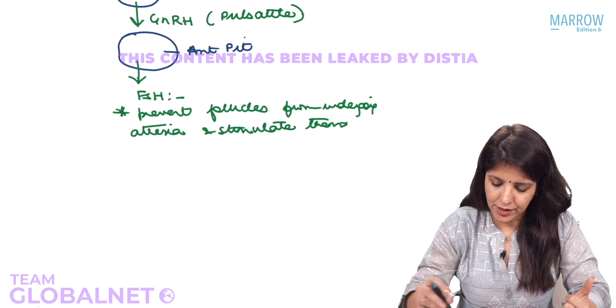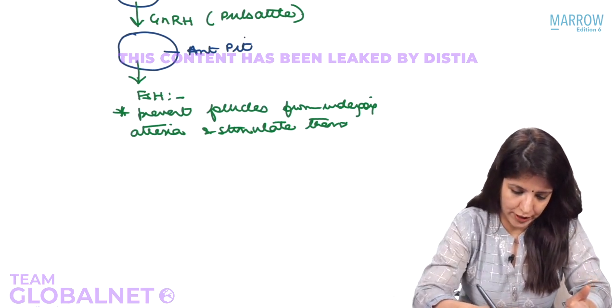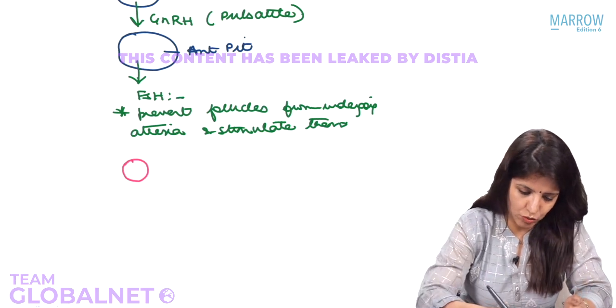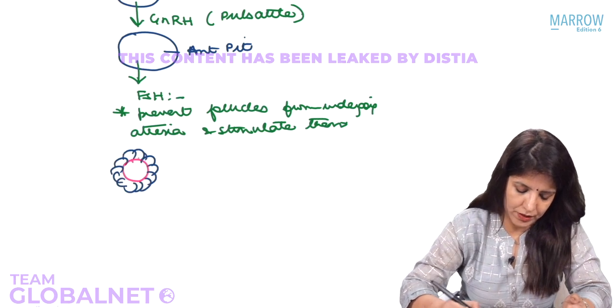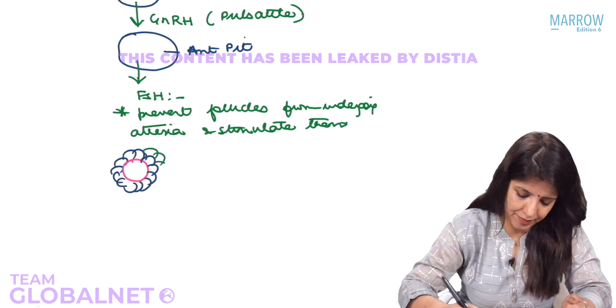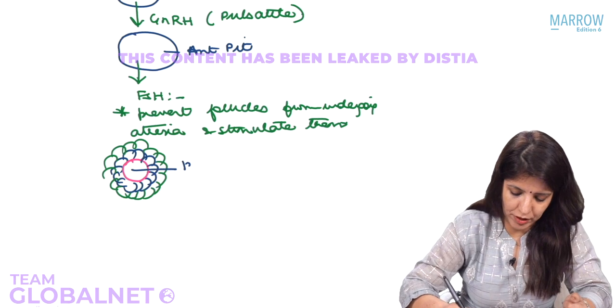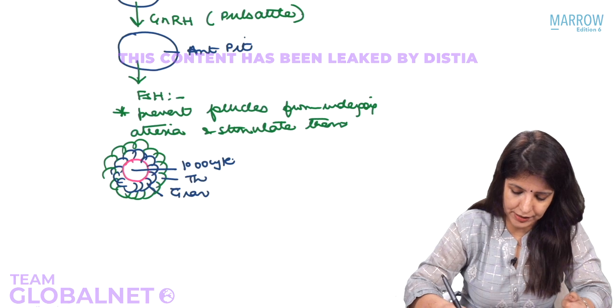Stimulated means that these follicles, so let's draw a follicle first. This is a primary oocyte, the granulosa cells and the theca cells.